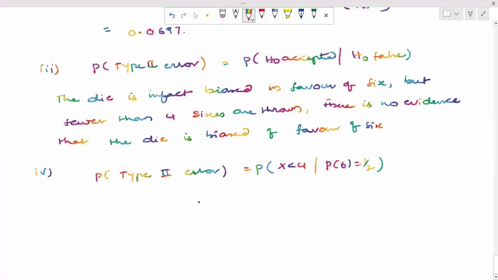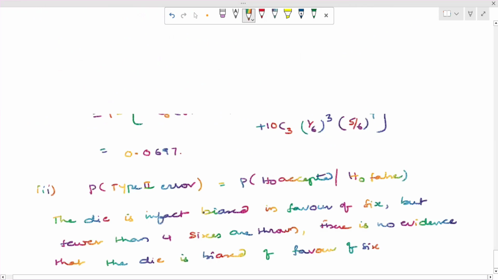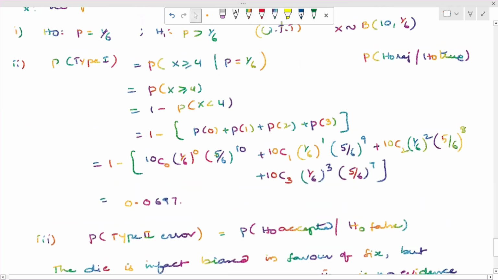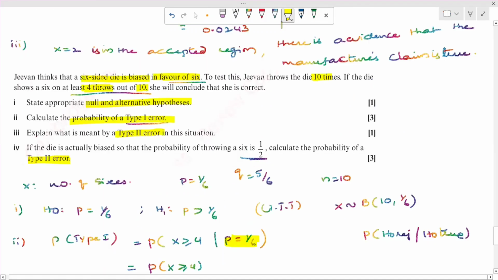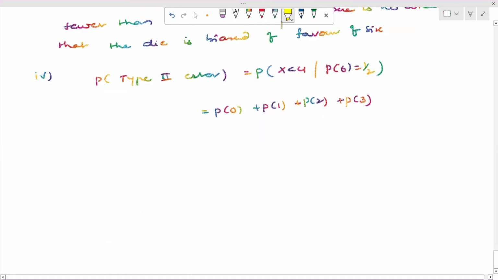In this case you have to check it out. Less than 4 means P of 0 plus P of 1 plus P of 2 plus P of 3. Previously we have taken the p value as 1/6, but here in the question itself the probability of 6 is given as 1/2. So now you substitute the p value as 1/2, and the n value will be 10 only.